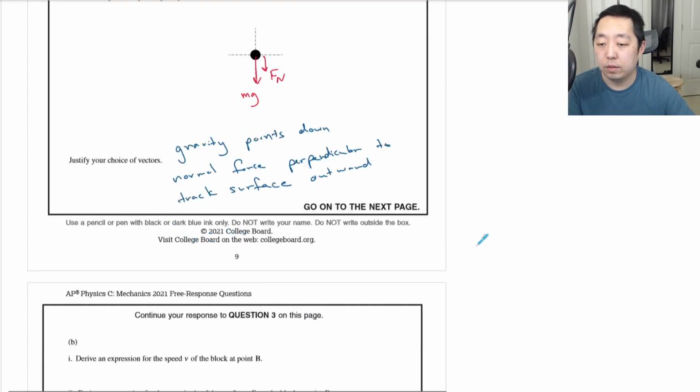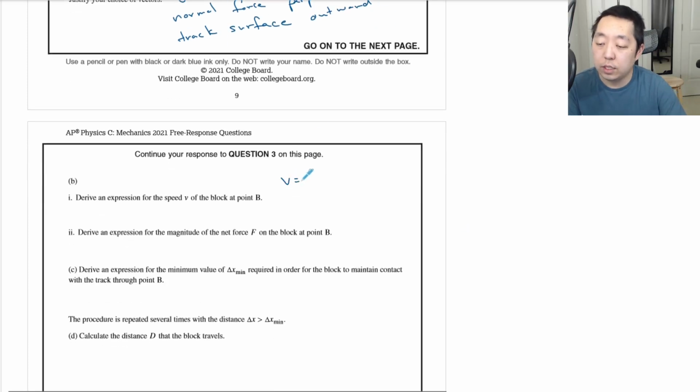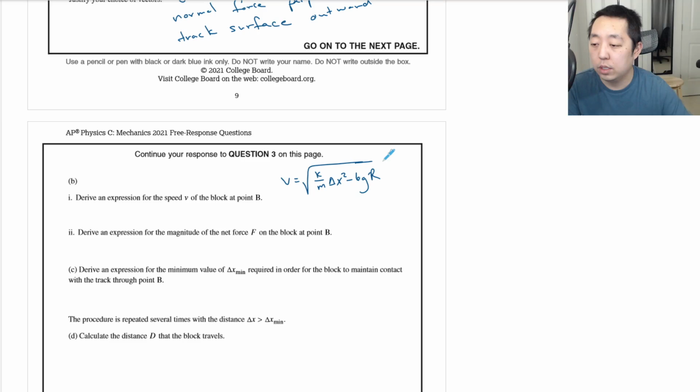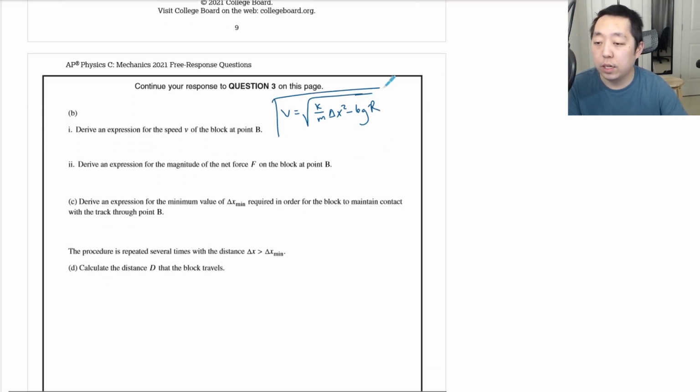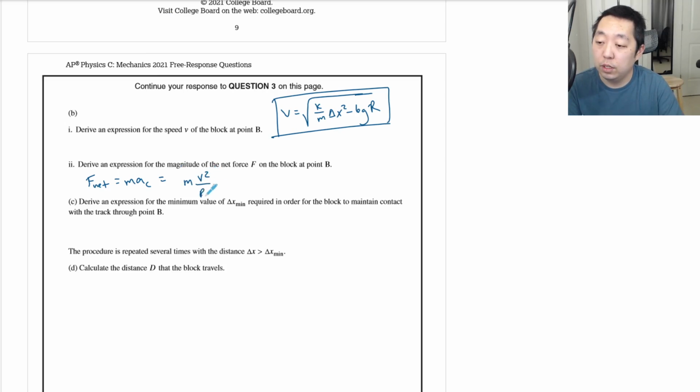So I'll write that down. V is equal to the square root of k over m delta x squared minus 6gr. Derive an expression for the magnitude of the net force at point B. So net force equals m times the centripetal acceleration, because it's moving in a circular path there, which is mv squared over r.